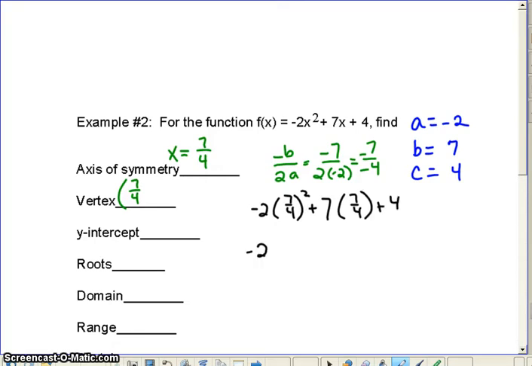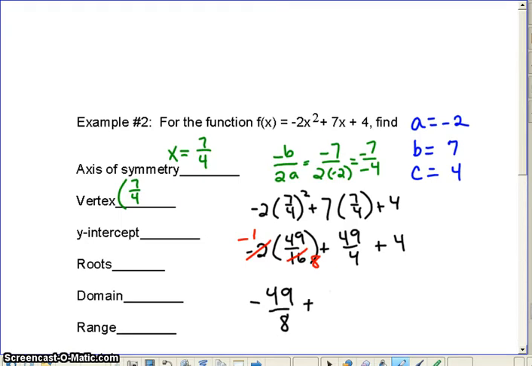That's going to give me negative 2 times 49 over 16 plus 49 over 4 plus 4. Okay? The negative 2 will divide into the 16 8 times. Okay, so that's going to give me negative 49 over 8 plus 49 over 4.